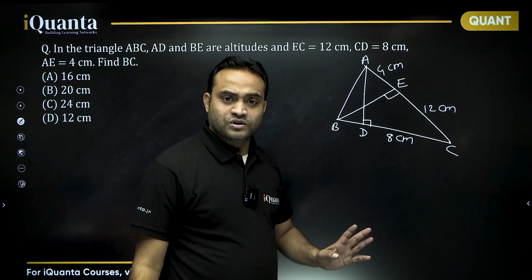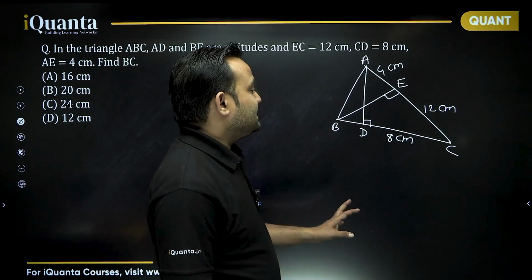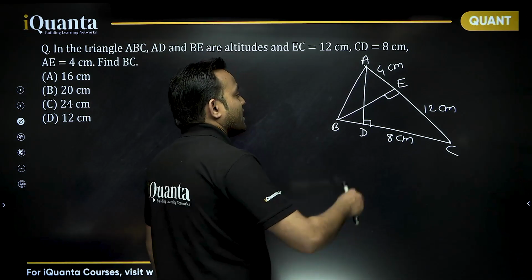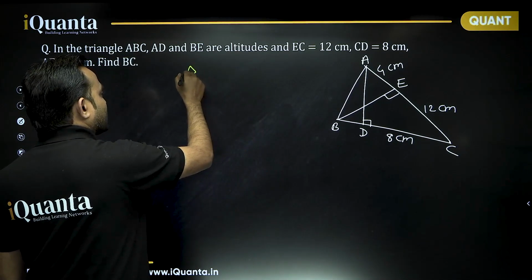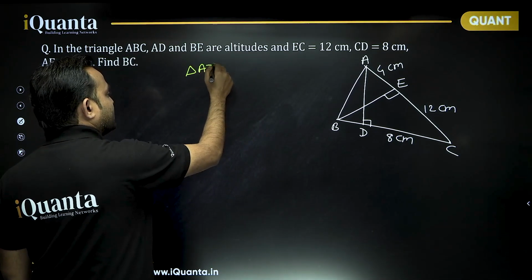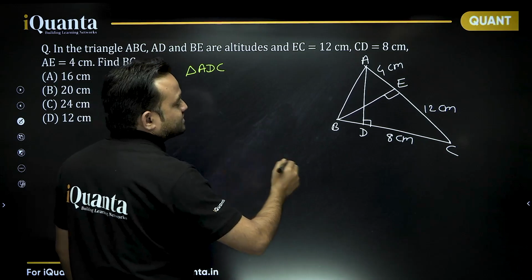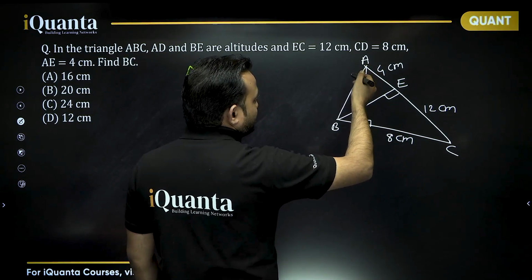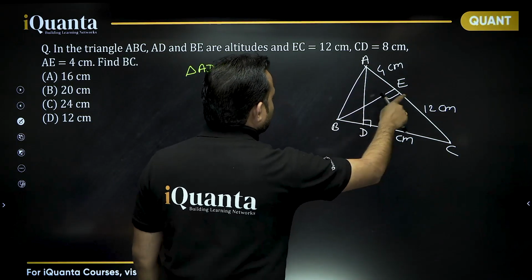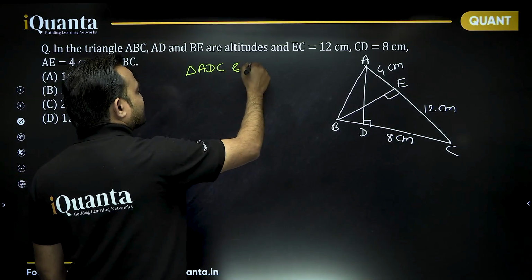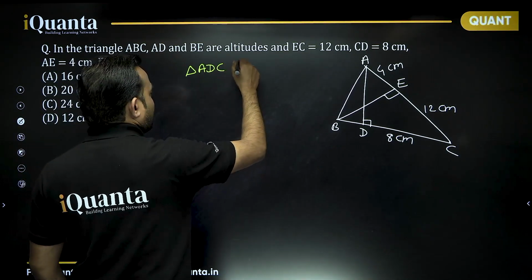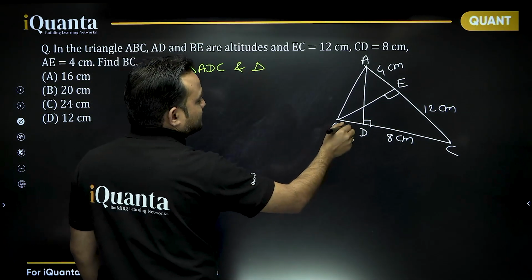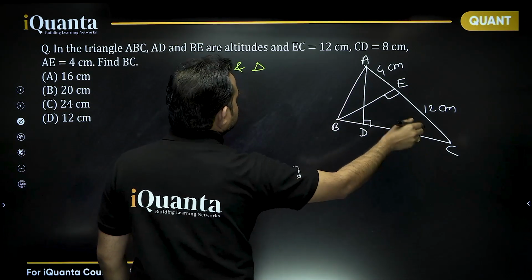So how do we do this? Now, let's check two different triangles, triangle ADC and triangle BEC.